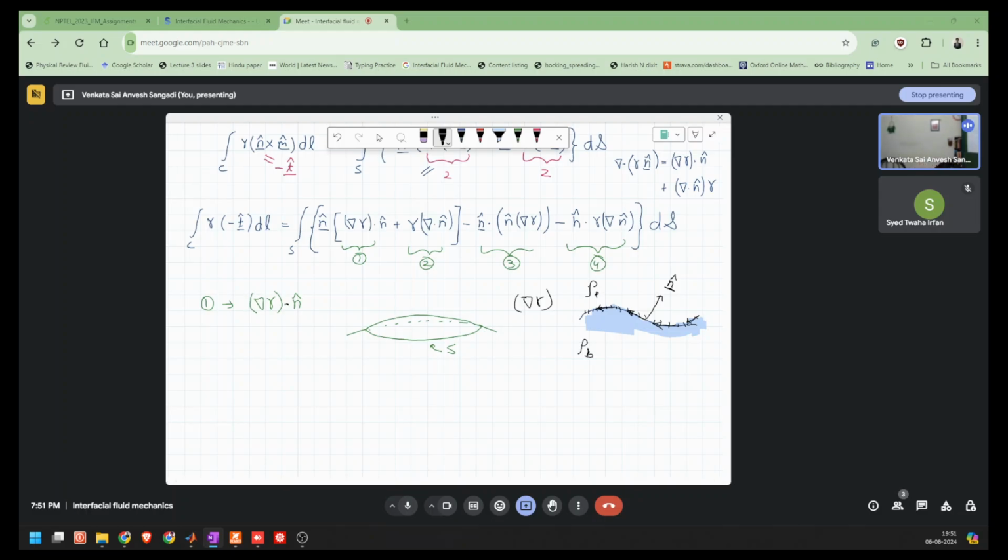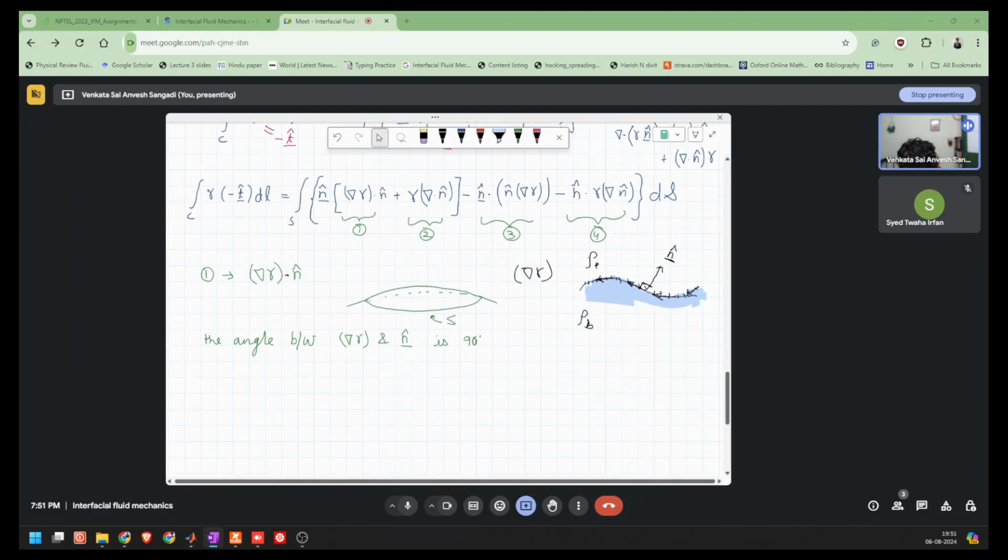So at all times for an interface, the angle between grad gamma and the normal vector n is 90 degrees.